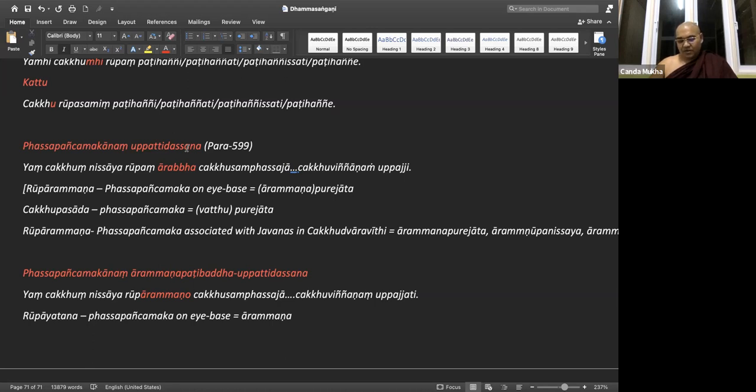If we see the word Arabha, the nature of the predominant is also contained. So Aramanadhipati, predominant object, and also Aramana plus Upanisaya, a support as well as an object. So three pajayas are indicated with this word Arabha.